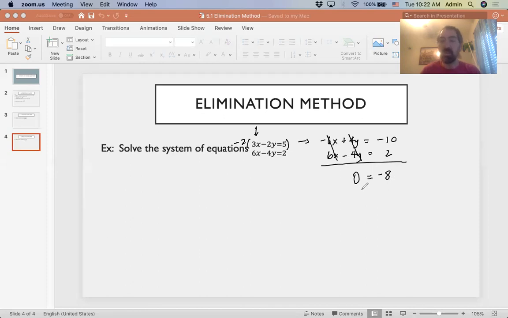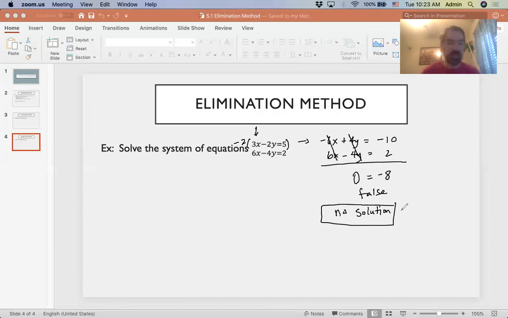Right? And this is our false statement. Right? When we have two different numbers equal to each other, that's a false statement. It doesn't matter what you plug into x or y, you're never going to satisfy the system of equations. That's because the graphs of these two equations are parallel. Those lines are parallel, never intersecting. So there's no solution for that case.